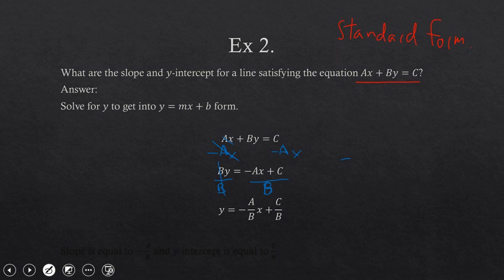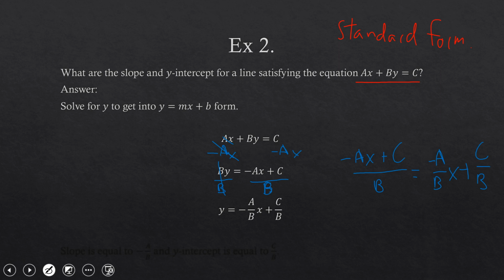So (negative ax plus c) divided by b is the same as negative a over b x plus c over b. Both of them get divided by b, not just the ax term and not just the c term. So now we're in slope-intercept form.